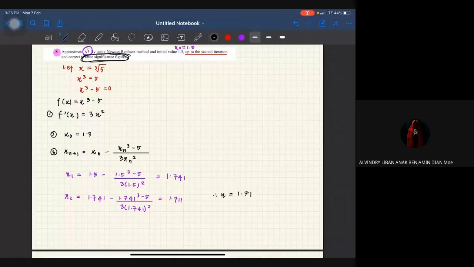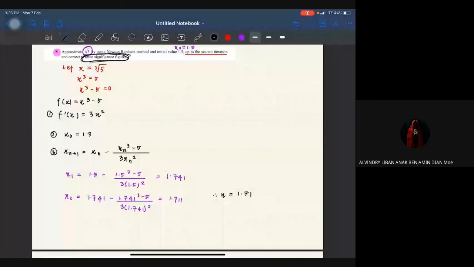Ada apa-apa soalan? Eddie boleh faham? Eddie yang tanya tadi kan? Okay, great. Kejap, saya nak try nilai betul tak.